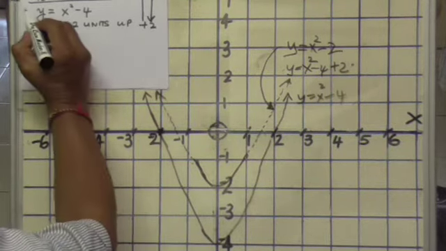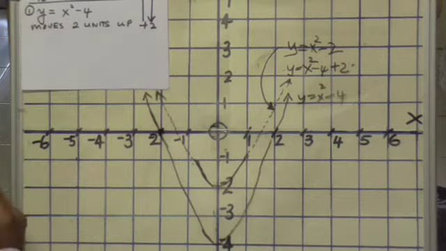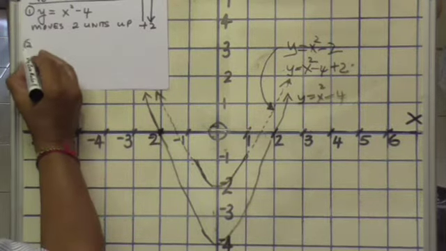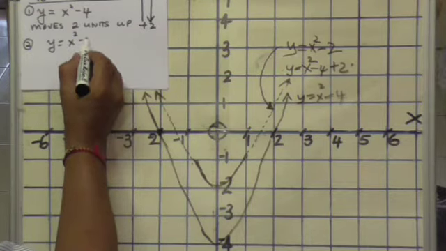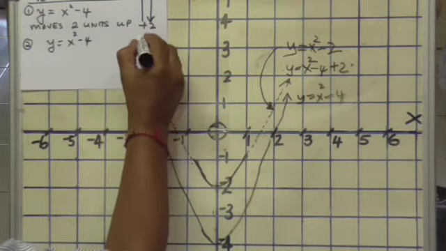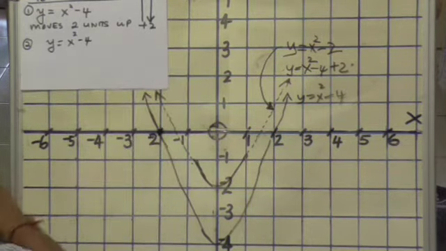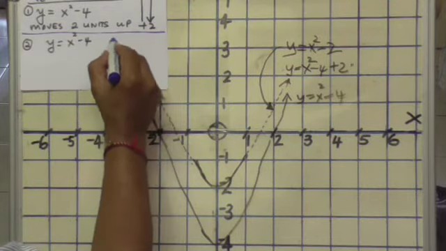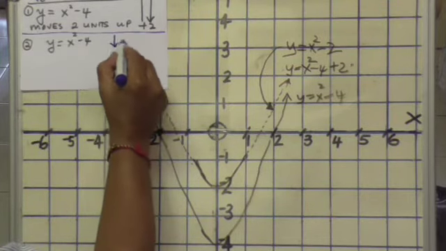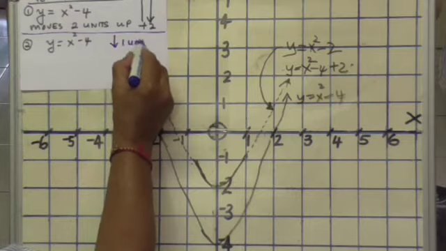Let's call this example 1. Now we're going to take the same graph, y is equal to x squared minus 4. We'll move it down. Let me do this one in blue. I'm going to move it down 1 unit.